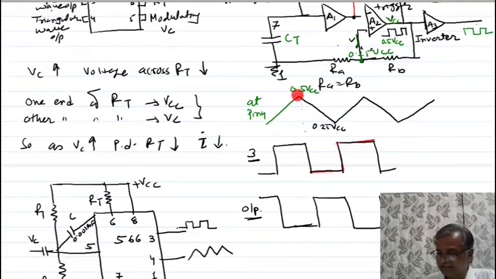When the voltage is less than 0.5 VCC, the output is high. From 0.5 VCC to 0.25 VCC, the output of the Schmitt trigger is low. As the voltage at the inverting terminal falls below 0.25 VCC, again the output is high. In this way you get the square wave at the output of the Schmitt trigger, and due to the inverter you get it like this.